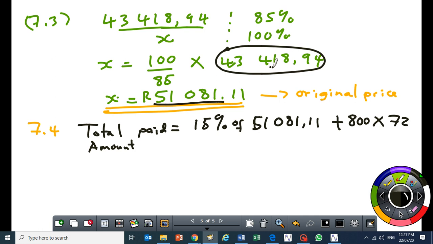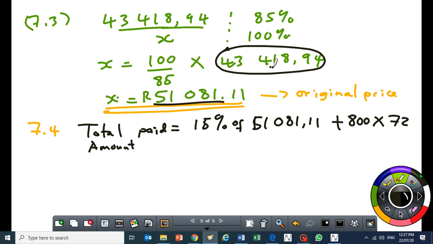That's the amount that he borrowed. So if you want the total amount that he spent on the car, you have to have the 15% of the original cash price plus the monthly payment times the number of times that he paid that 800, which is over 6 years, which means 72 times.